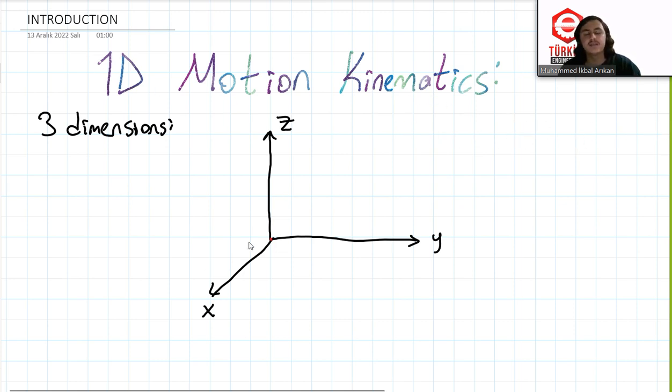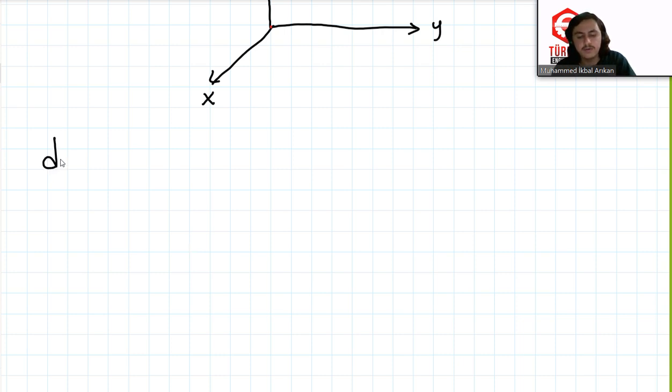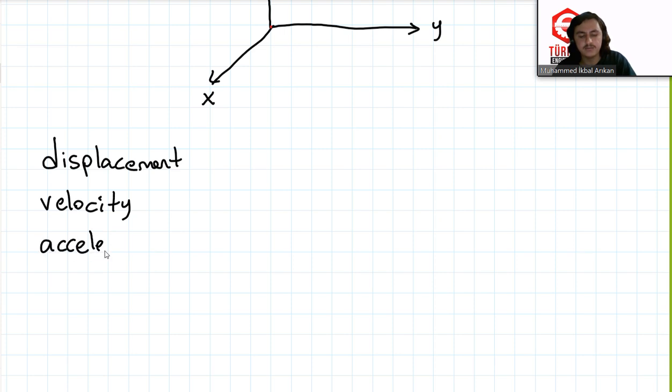Kinematics will have three parts. We have just three basic main parts. We have displacement, velocity, and acceleration.